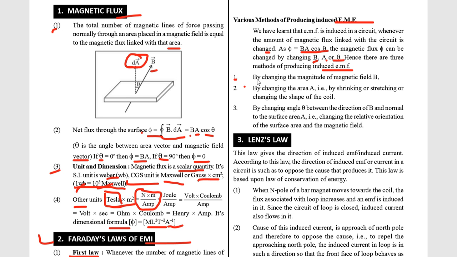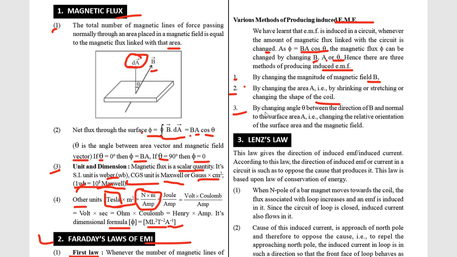First one is by changing the magnitude of magnetic field B. Second, by changing the area, or by shrinking or stretching or changing the shape of the coil. So by changing area you can change the induced EMF in this circuit.